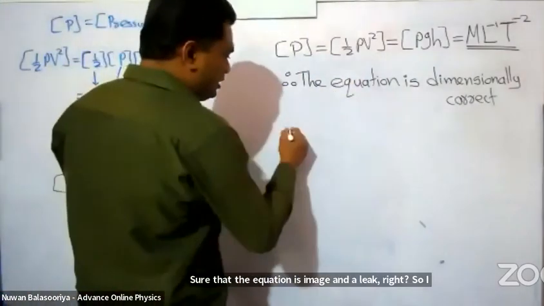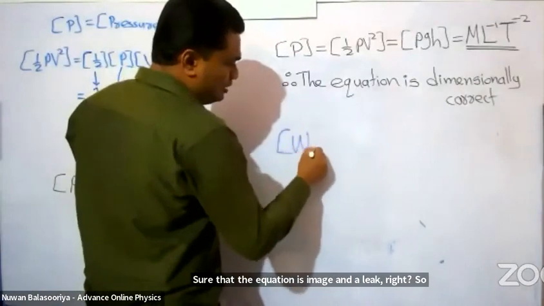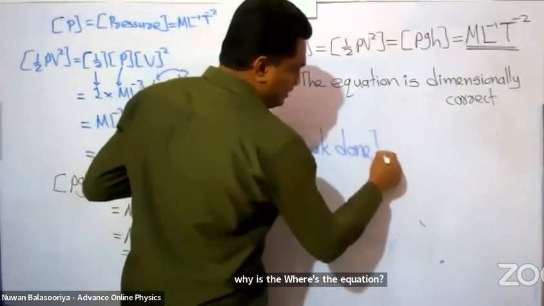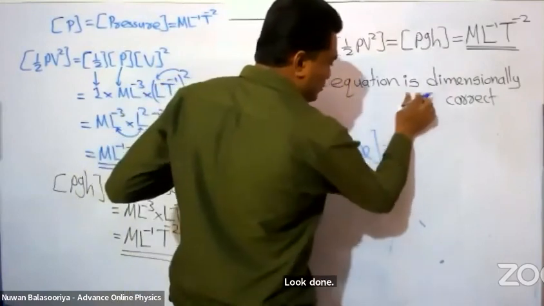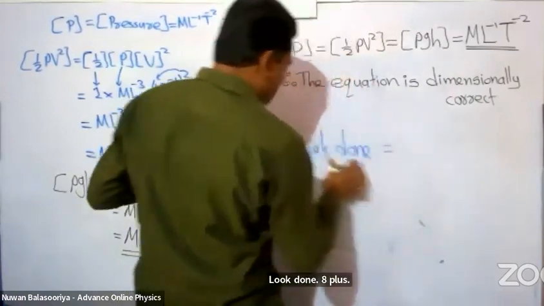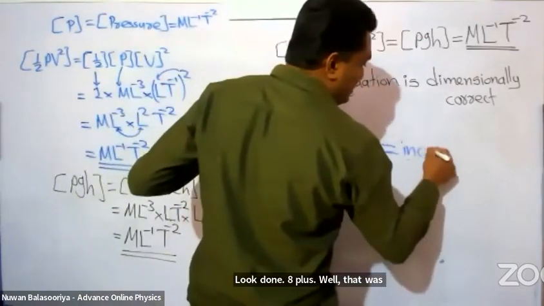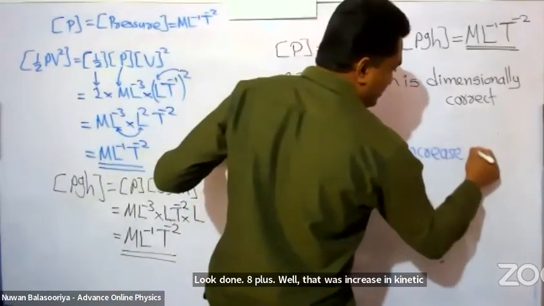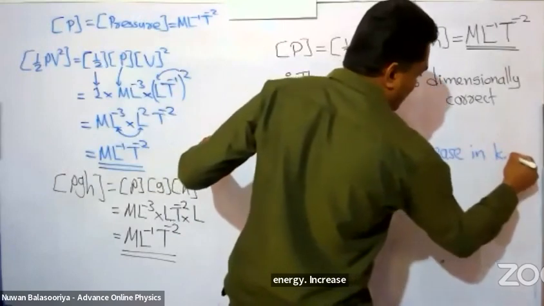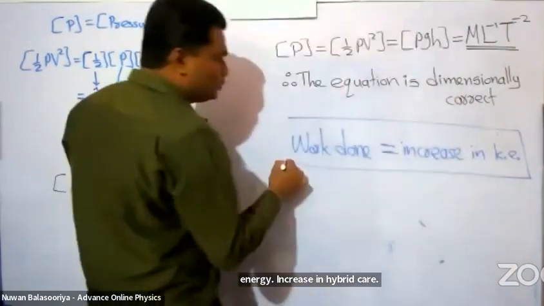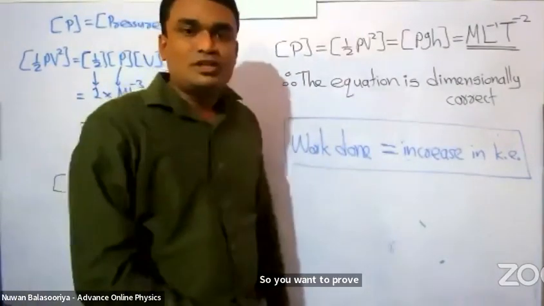So what is the equation here? Work done equals increase in kinetic energy. You want to prove that this equation is dimensionally correct.